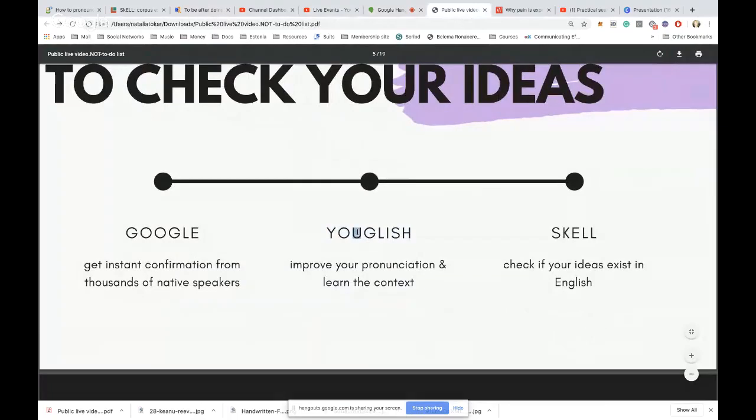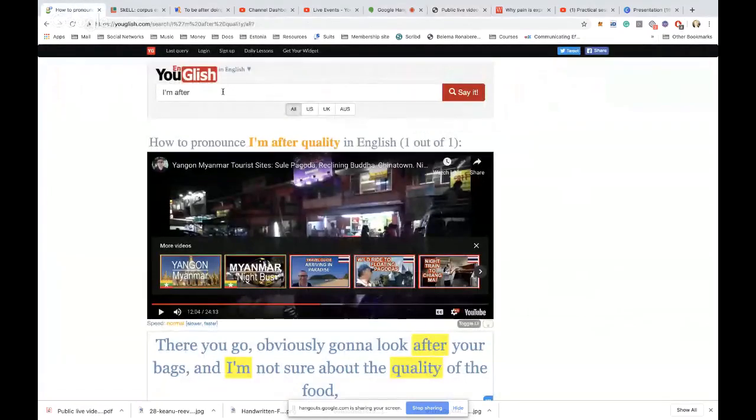Then YouGlish, I have just shown you this resource. YouGlish helps you improve your pronunciation and learn the context. YouGlish is amazing if you know how to use it, because you can hear how a word or a word combination is pronounced by different people who have different accents.